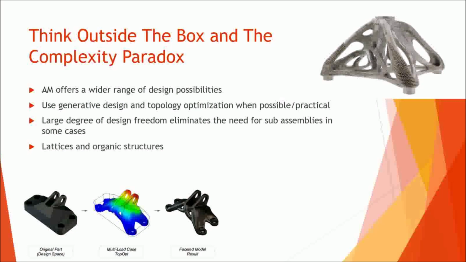And you can see here you can do mesh and lattice structures, so that's something to think about as well. You have large degrees of design freedom. You can also take advantage of topology optimization software that's out there, and generative design, which is also great for 3D printing as well.